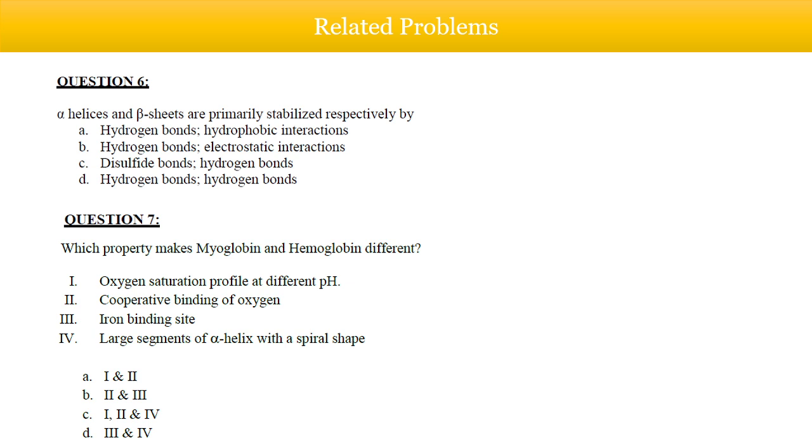Now next one. What property makes myoglobin and hemoglobin different? Oxygen saturation profile at different pH, cooperative binding of oxygen, iron binding site, large segments of alpha helix with a spiral shape.